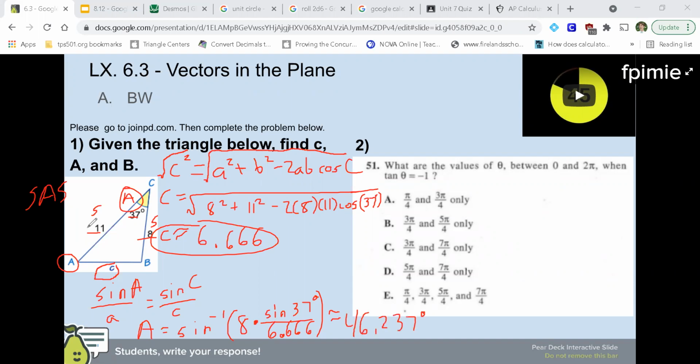Okay, so normally this is where you would have to go back and say, this is the answer in quadrant 1. What's the answer in quadrant 2? Take 180 minus this, and you'd get 135 or whatever. But we know A can't be 135 because it's the smaller angle.